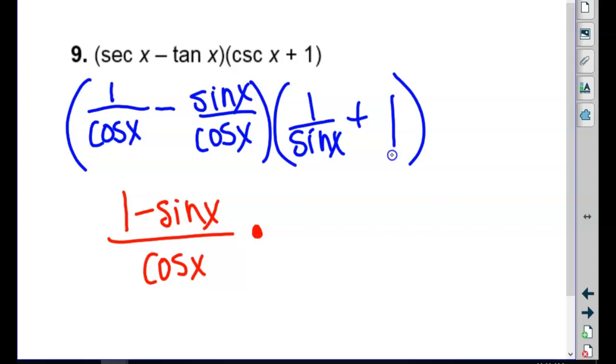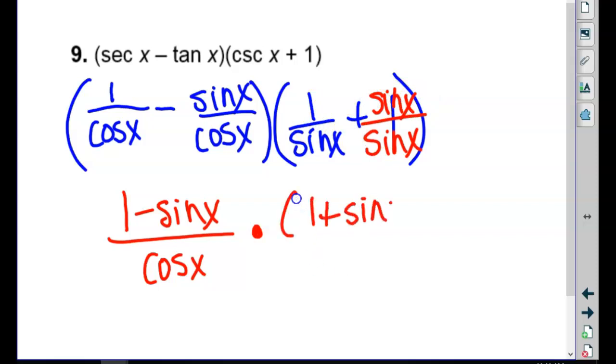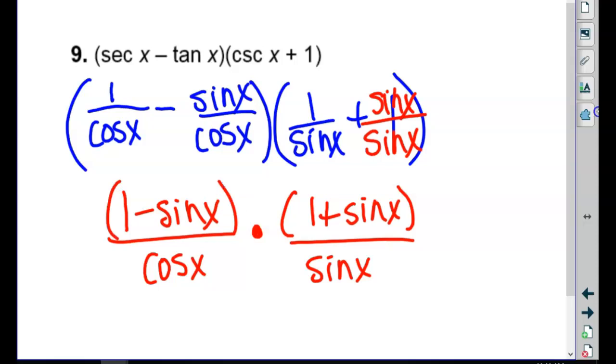If we want to combine that, we need a common denominator of what? So we could rewrite 1 as sine x over sine x, and then what would the top become? 1 plus sine x all over sine x. Okay, now what? I don't have any divide. Flipping it would not be a good plan.